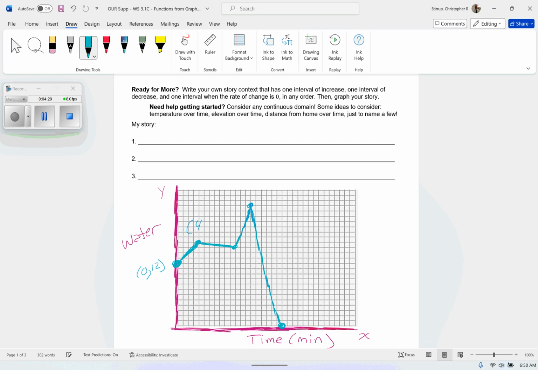So I'm going to call this the point (4, comma, let's count straight up: 1, 2, 3, 4, 5, 6, 7, 8, 9, 10, 11, 12, 13, 14, 15, 16. Call this point here, let's count over 1, 2, 3, 4, 5, 6, 7, 8, 9, 10, 11. And that came down one, so that's (11, 15).